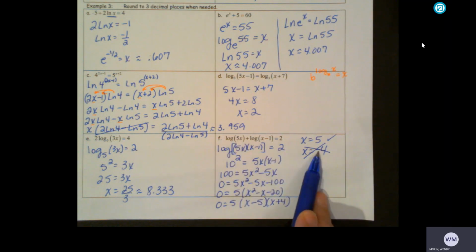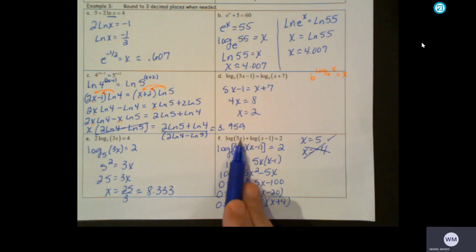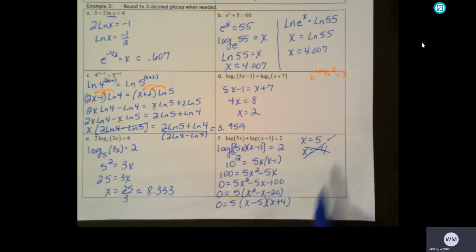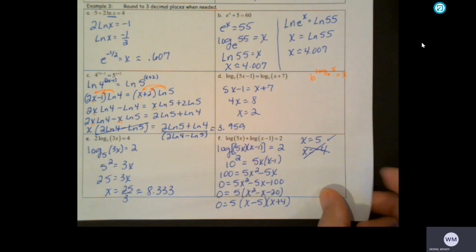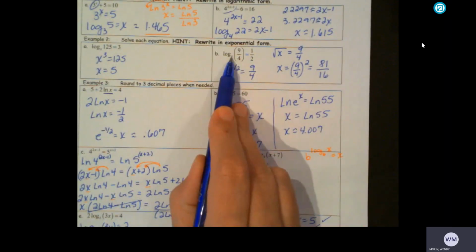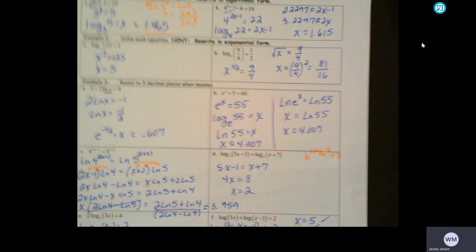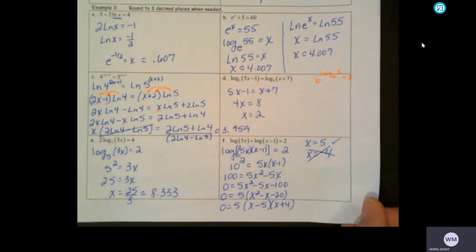Not because it's negative, but because it makes my argument negative. It's not that I can't have negative answers. I can't have negative arguments because I can't take the log of a negative number. And I also can't have negative bases. So those would be no solutions. Those wouldn't work.